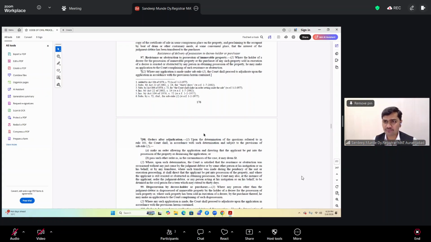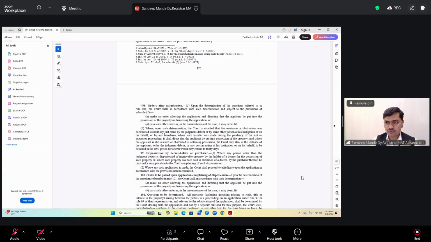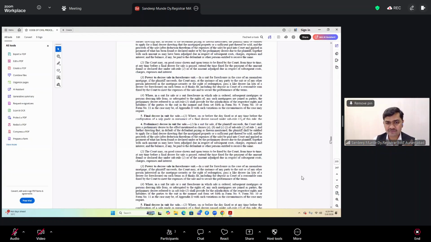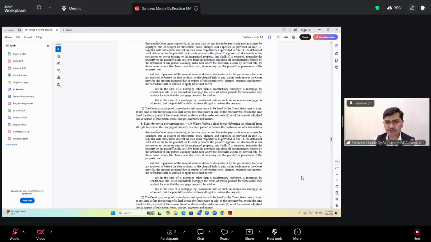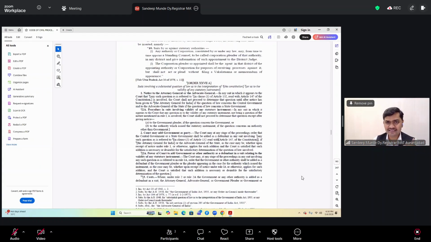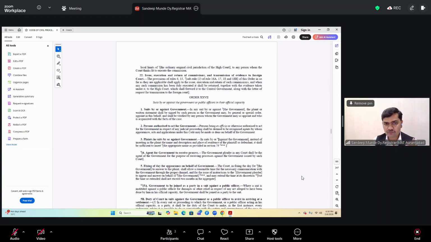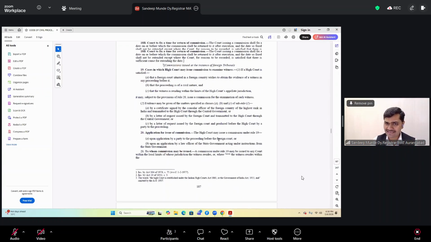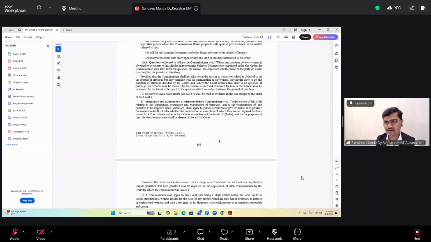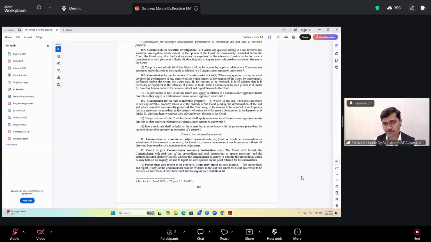First of all, if we start with Order 22, the heading of Order 22 is death, marriage, and insolvency of the party. So, when will the occasion arise to take the assistance of Order 22?